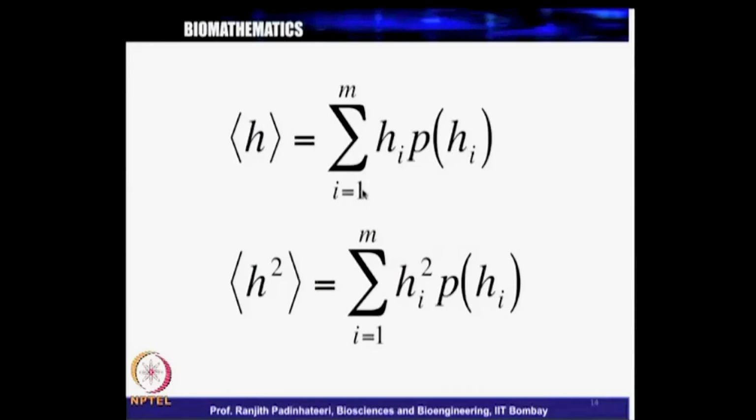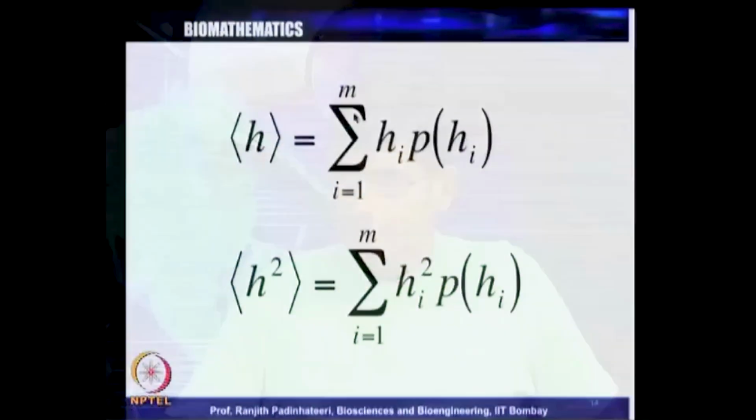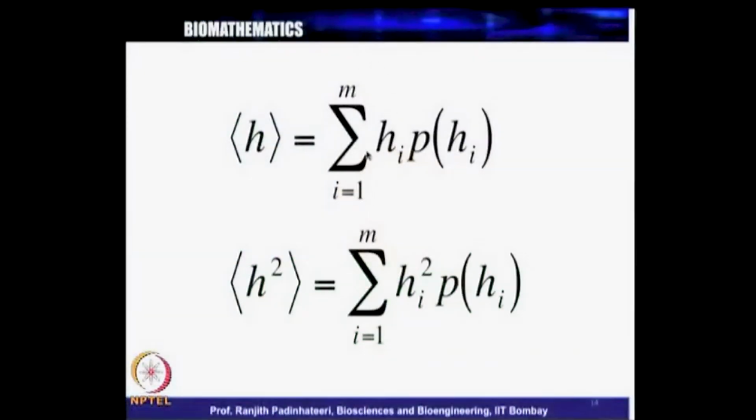Here i goes from 1 to m. If you divide this into m intervals, in our example we had 50: 130, 131, 132, 133, 134 up to 180 we had defined. So, 50 heights we had defined. If we define 50 heights, m is 50. So, this sum over i from 1 to 50 of hi p of hi will give you the average.